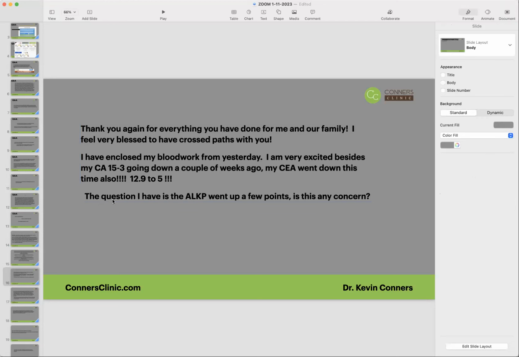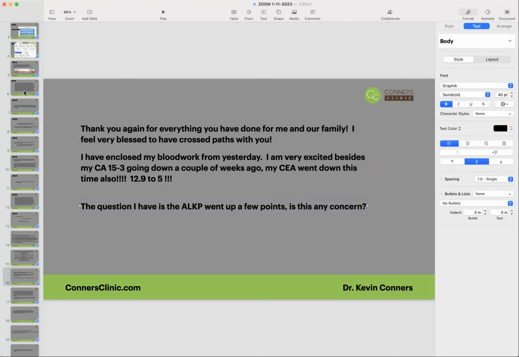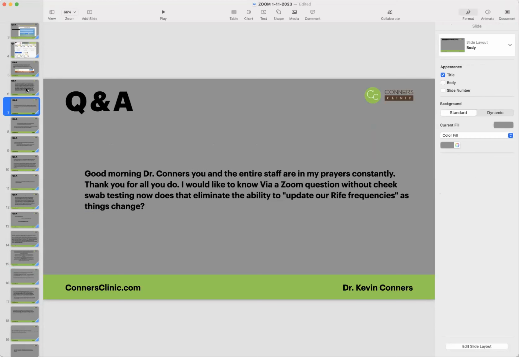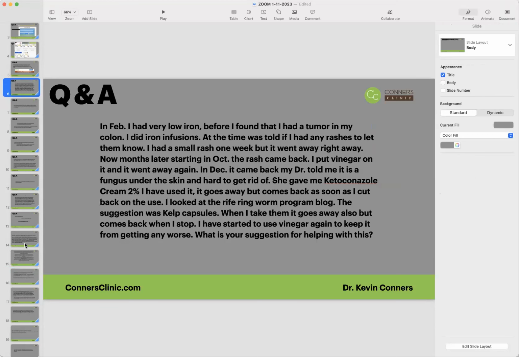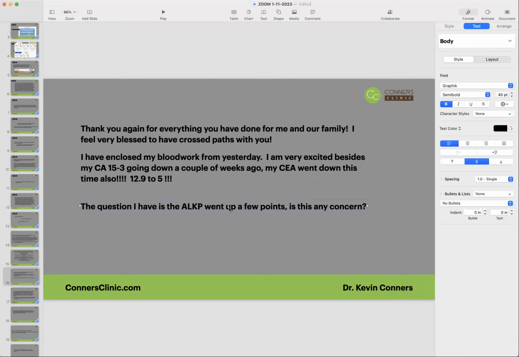That's huge. Question I have is that alkaline phosphatase went up a few points. Is this any concern? So this gets back to what I was talking about way back on one of these questions, the number one reason for some of the liver markers in the metabolic panel.